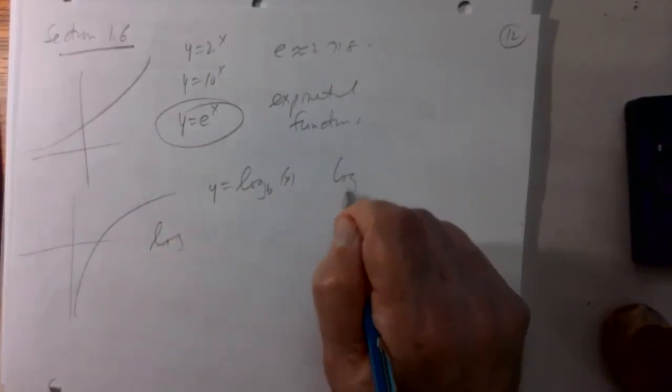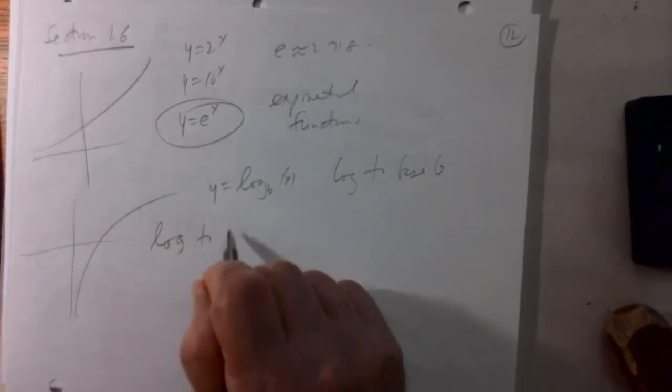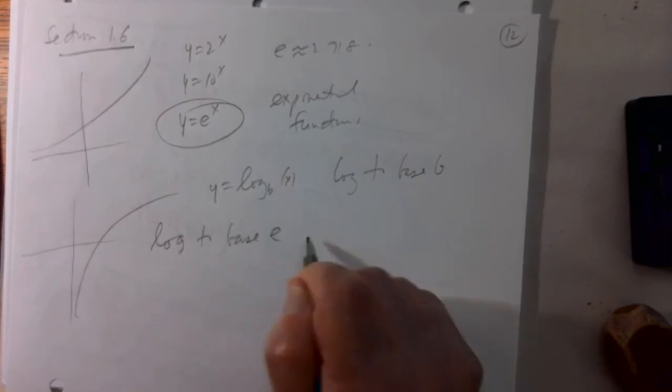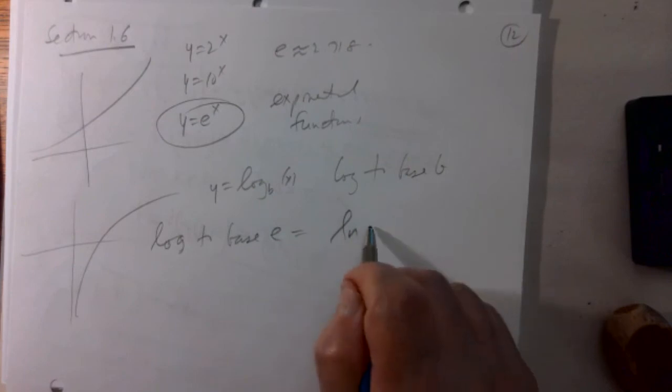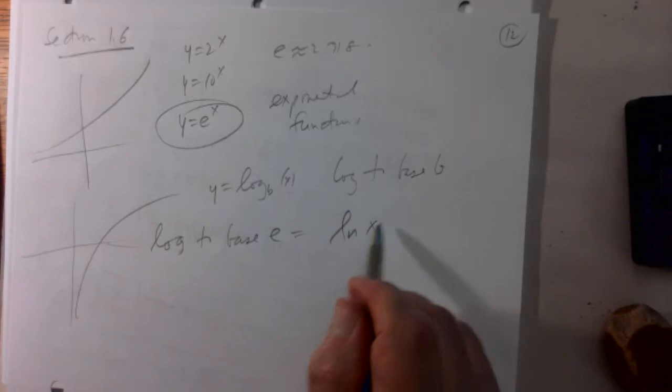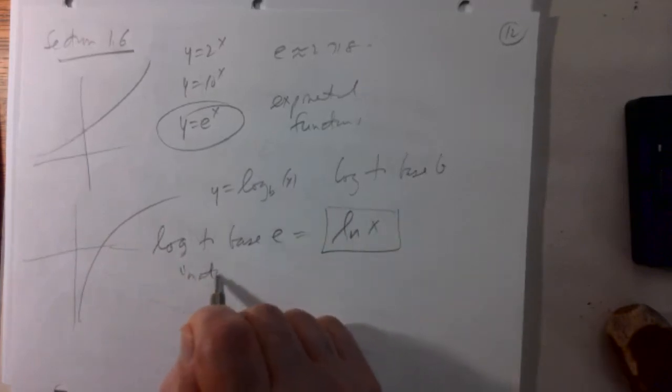So this is the log to base b, but the log to base e, the book writes as ln of x. So this is what is called sometimes the natural logarithm.